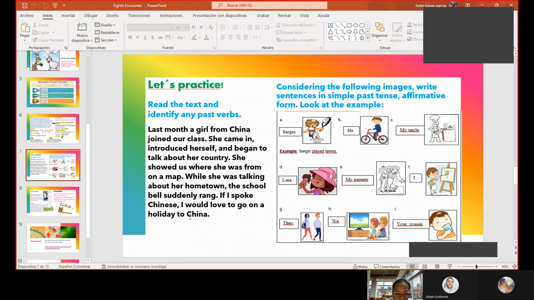Here we have others. Play it. Work it. Walk it. You need to finish with a little d. You don't need to pronounce it like that. No, join it. Introduce it. It's a little d at the end.